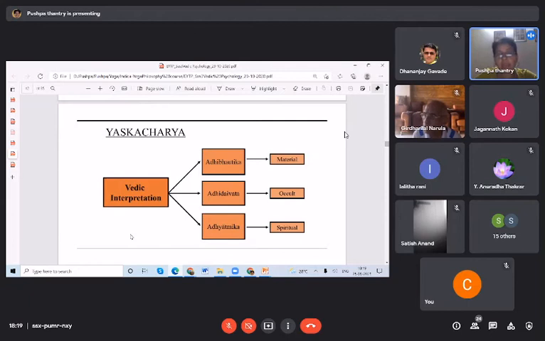It is like, what is the cause of the suffering? And what is the dukkha really? Dukkha can be adibhautika, adidhaivika, and adhyatmika. It can be material, occult, or spiritual. So when we chant Om Shanti Shanti Shanti, each Shanti is saying peace for each of these different kinds of dukkhas.